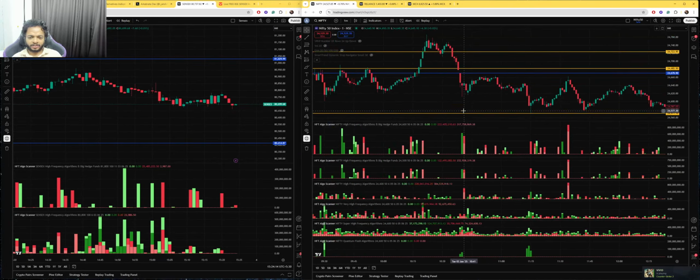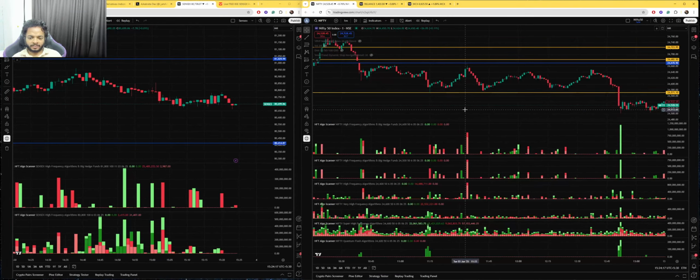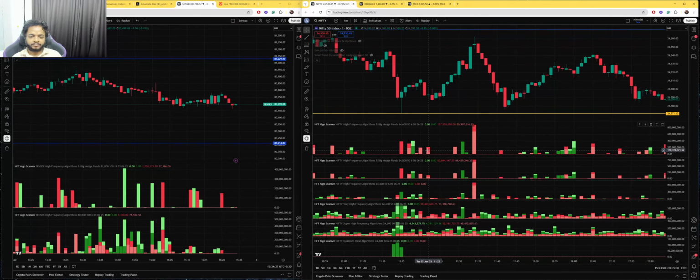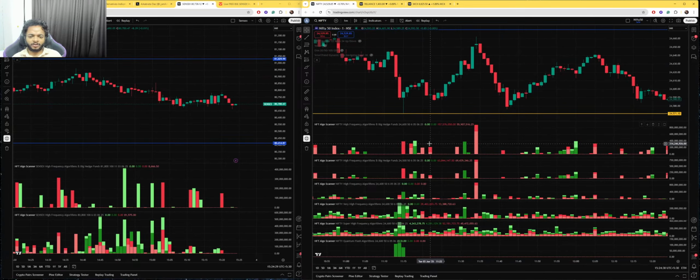This is 1122. We don't follow put buying, so here put buying was shown. At 1121, 1122, we did not get any signal. We got the major signal at 1134, right at the top.